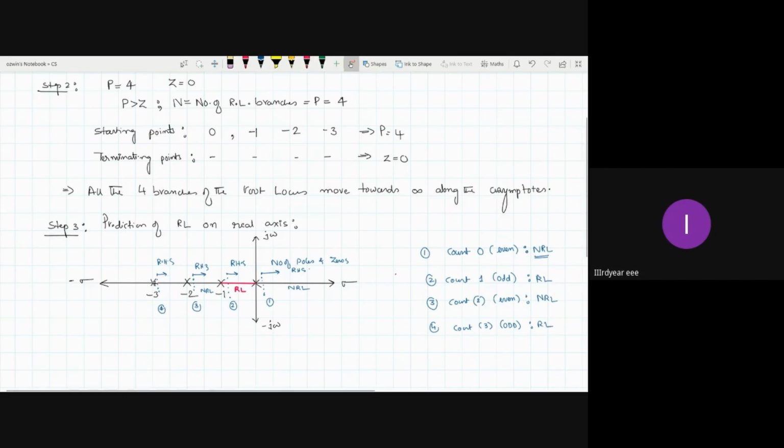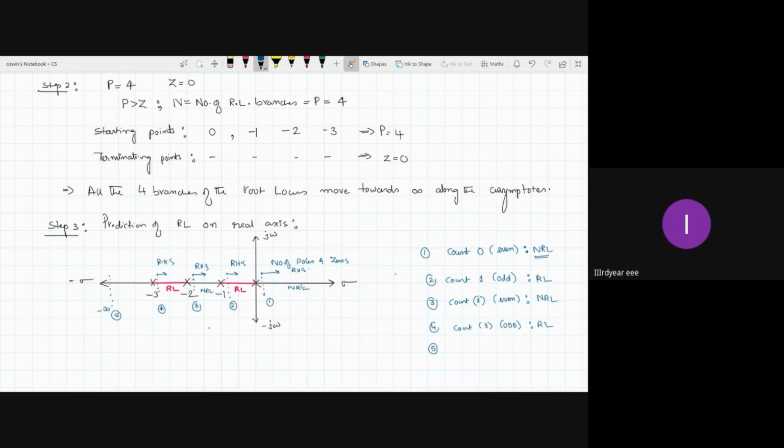So between -3 and -2, you can write that there is RL. And finally, at some distance, let's say -infinity, you create the endpoint, and let's call that endpoint section 5.